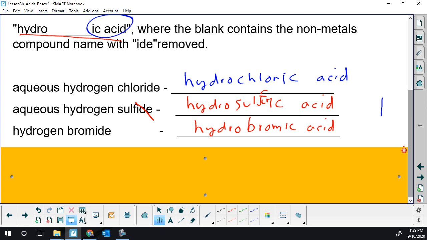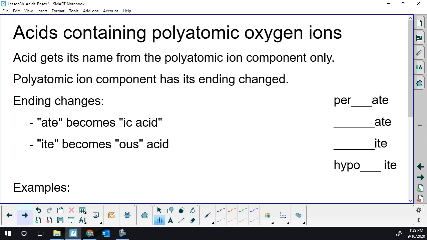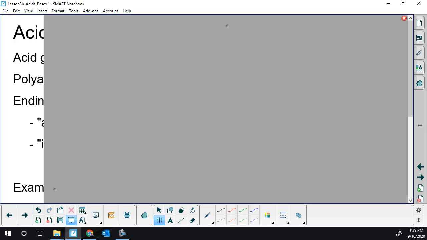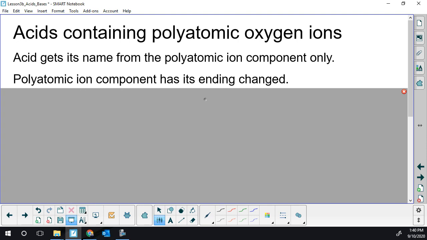Okay. Last is, what if you have H with nitrate or some polyatomic, and it makes an acid, that H comes off? How do you name those? So the acid is going to get its name just from that polyatomic ion component.